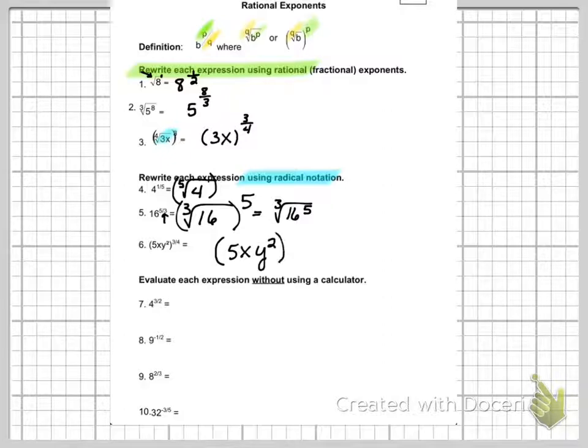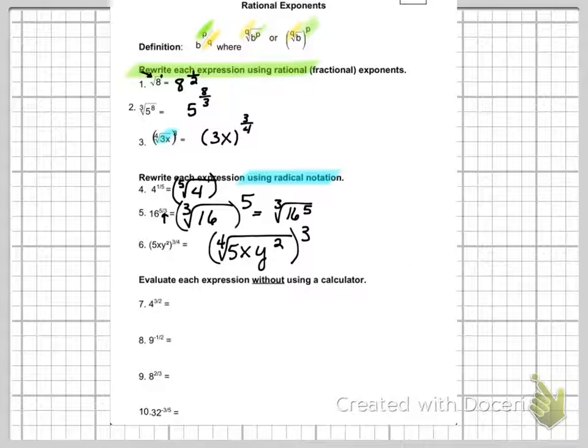Put all of that in parentheses, or we're going to put all of that under the radical, excuse me. Okay. We're going to put 5xy squared under the radical, and the root, or the index, is 4. Put parentheses around that whole thing, and it's raised to the 3rd power.